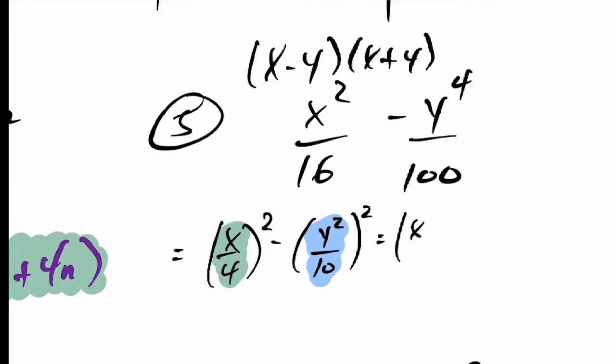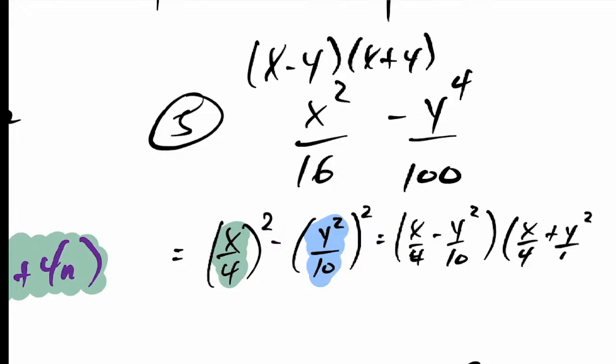So this becomes x minus y times x plus y.